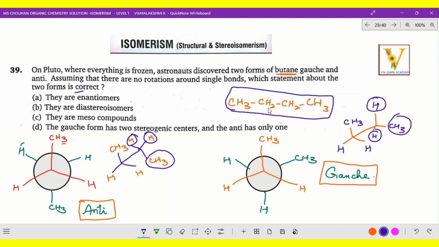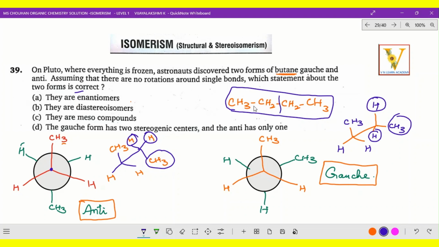Okay, come on, CH3 CH2 CH2 CH3, n-butane. Now this is Newman's projection, and how to identify: a dot structure and a circle. The dot is the front carbon, the circle is the back carbon. So CH3, CH2, like this, right?